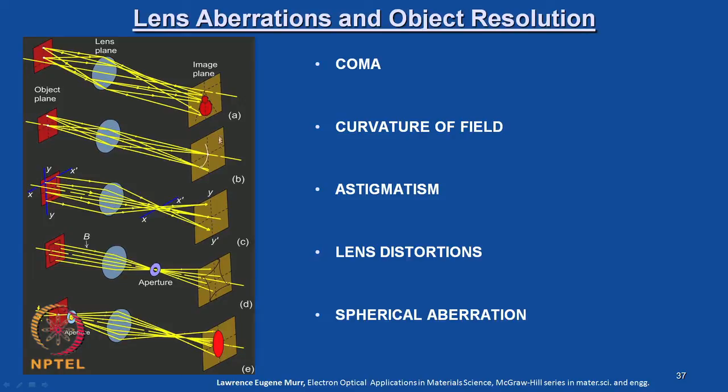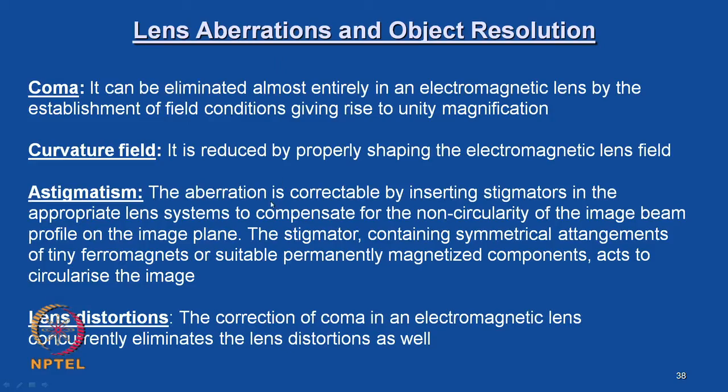I will not describe them in detail because you have already seen it. If you have a doubt, you can go back to that lecture and look at all these individual defects and make yourself clear about this. And it is the same thing. I will only discuss how these defects are taken care of in this electron optical system.